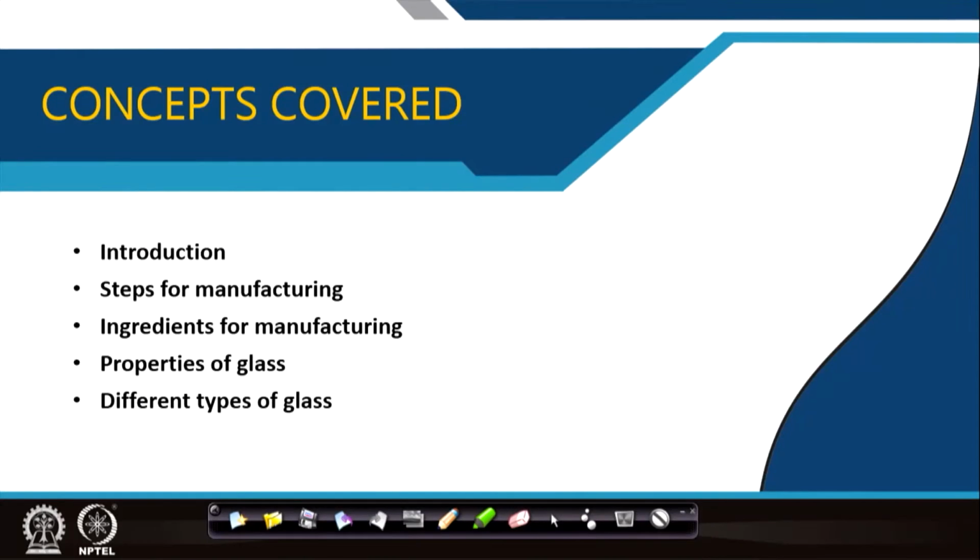So, we will come to glass first, where we will cover a small introduction, steps of its manufacturing, the ingredients for its manufacturing, the properties of glass, and also a list of different types of glass, which we will elaborate in our next lecture.